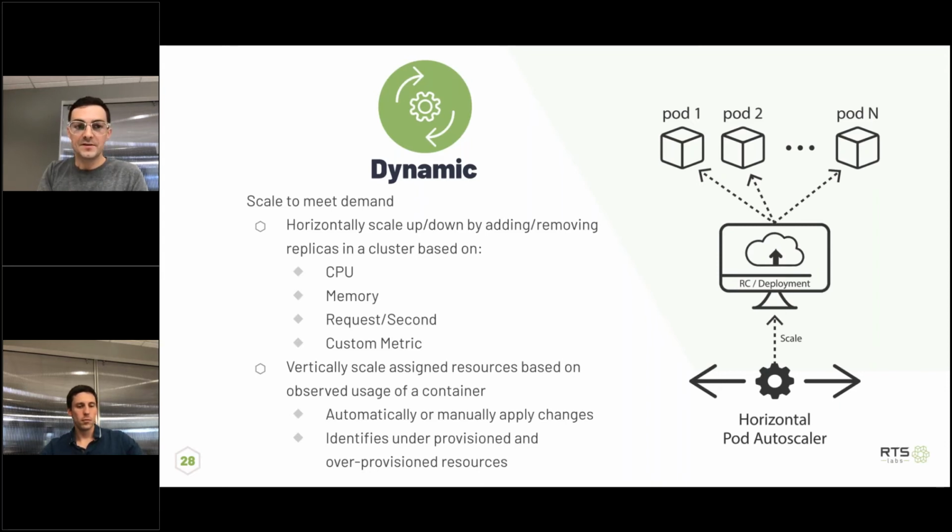And then there's a second type of scaling, vertical scaling, which works by observing resource usage in your cluster and making recommendations on how you should tune your application based on that usage. And this can be done manually or automatically. So you can actually tell Kubernetes, hey, thank you for observing this. Go ahead and make this change. We appreciate that.